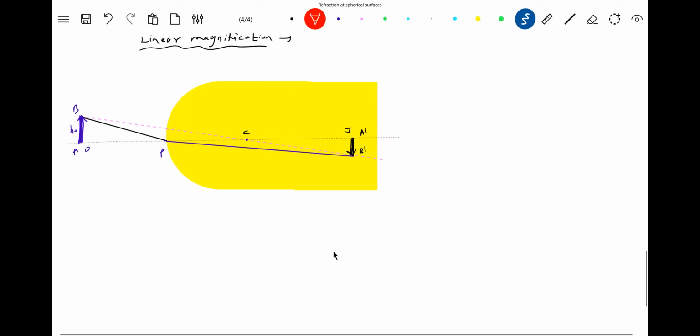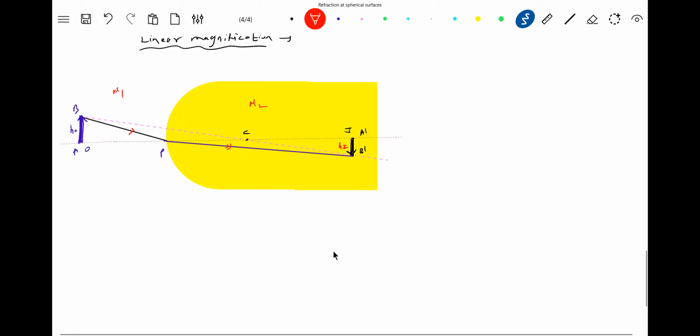So this is the object, this is the image. Let this be mu2, let this be mu1. So this is HI. What we have to get is an expression for magnification.